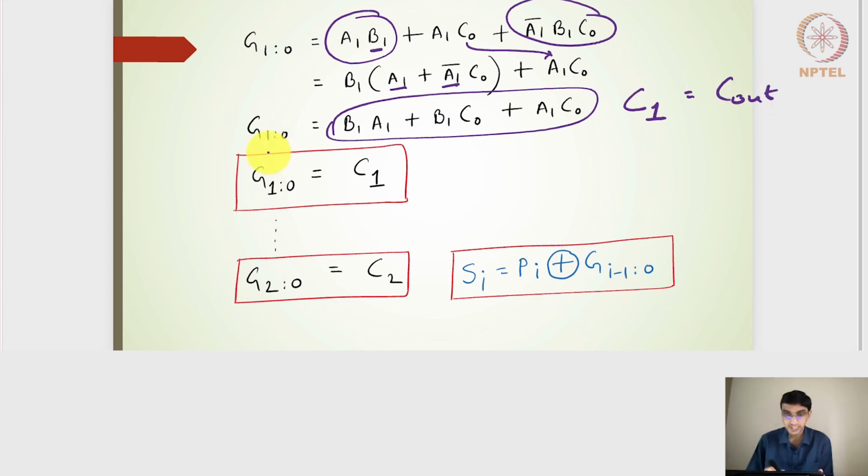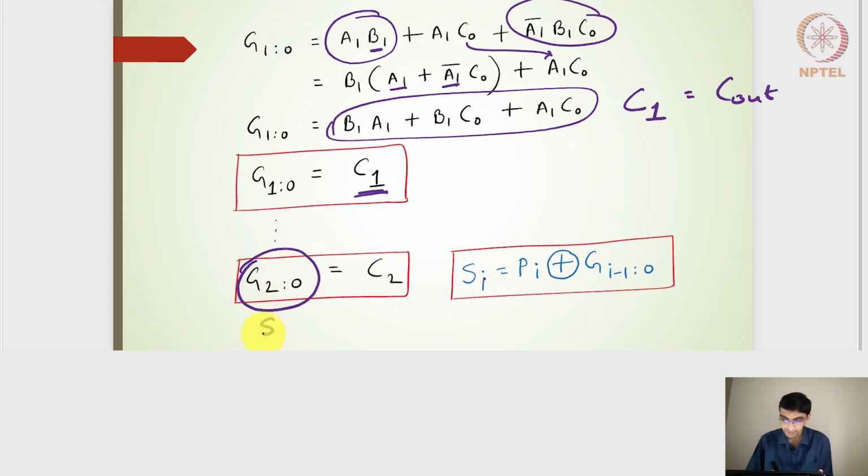So G1 is to 0, or rather the group generating signal for 1 is to 0, is nothing but C1. Similarly, if I do the expression G2 is to 0, it turns out to be nothing but the carry 2, right? So the sum expression I can write in terms of the group generating signal.